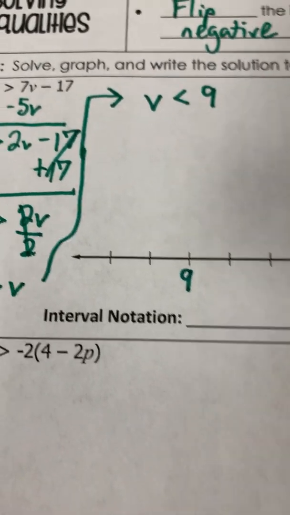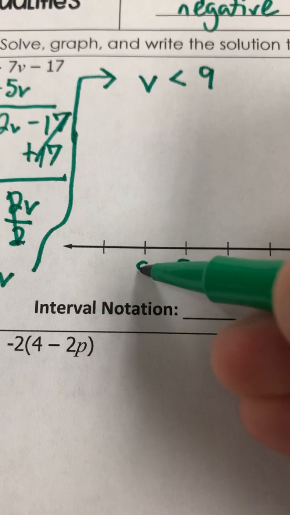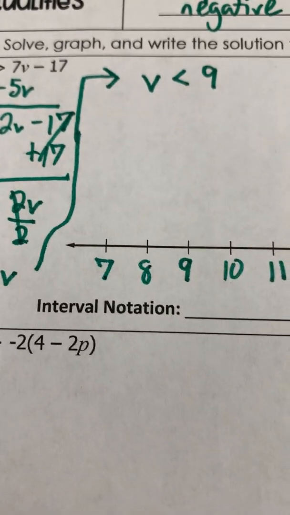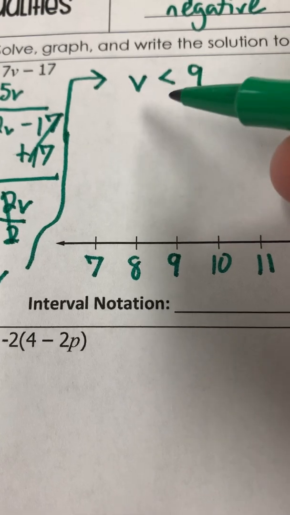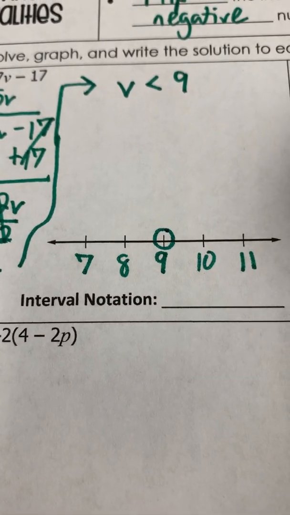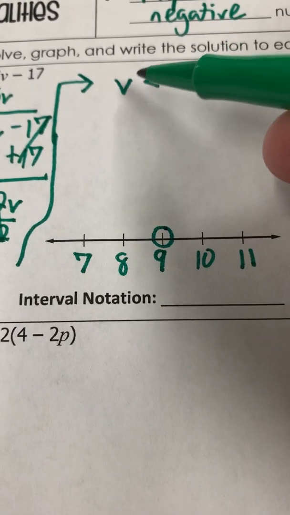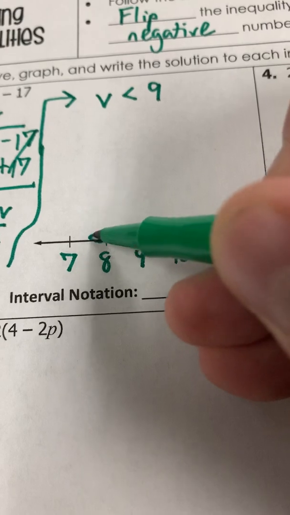9 in the middle, 2 numbers greater, 2 numbers less, and this would be an open circle. In our shading, v is less than 9, we shade our less than numbers.